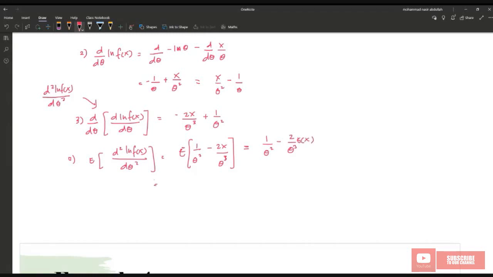The expected of x is theta, right? So this is 1 over theta squared minus 2 divided by theta squared. So this is negative 1 over theta squared.